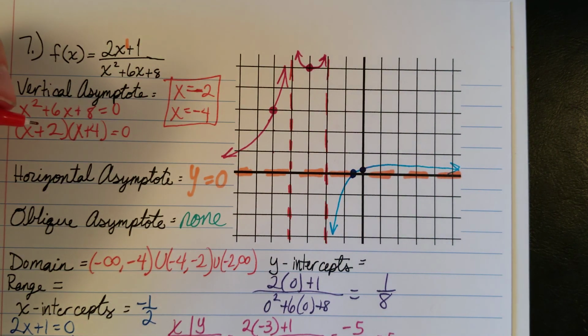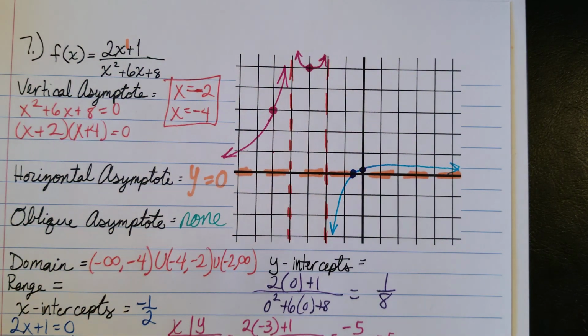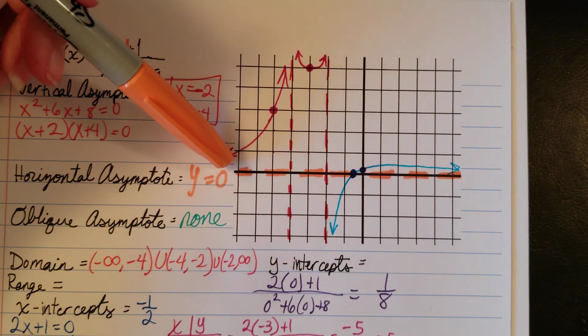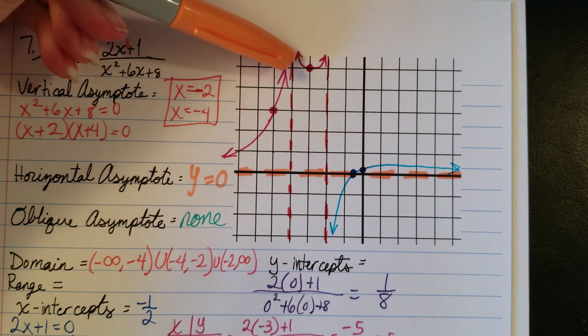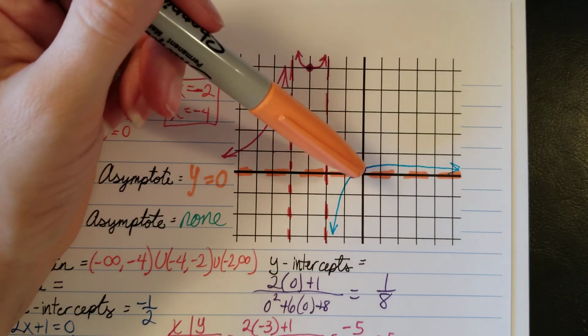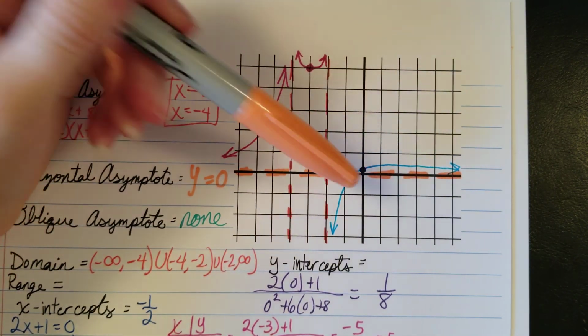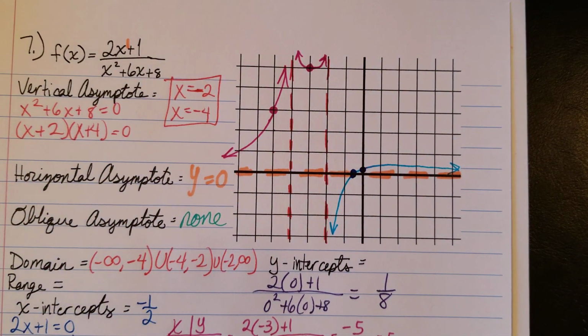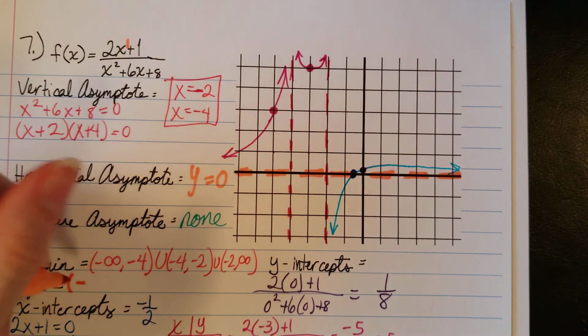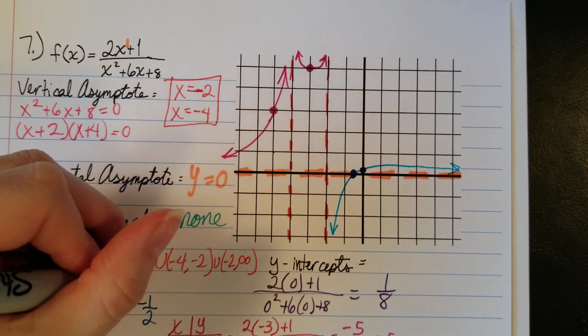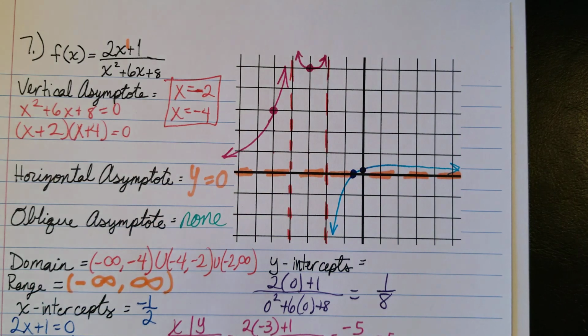And the range, again, it's a little bit hard to tell, but I'm thinking it's all real numbers in this case, because this is everything from 0 to infinity here. And then this is everything from negative infinity to 0, including 0 itself. So I'm pretty sure the range is going to just be all real numbers in this case. Again, I wouldn't worry about that.